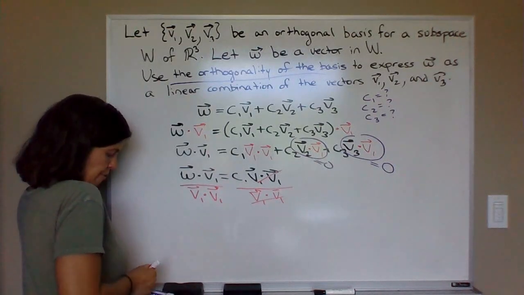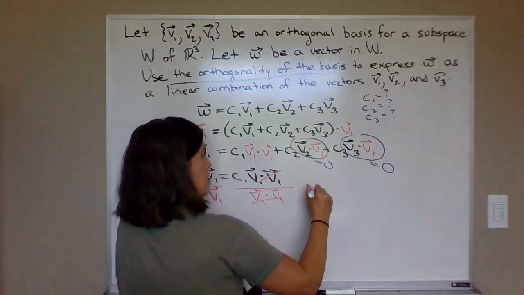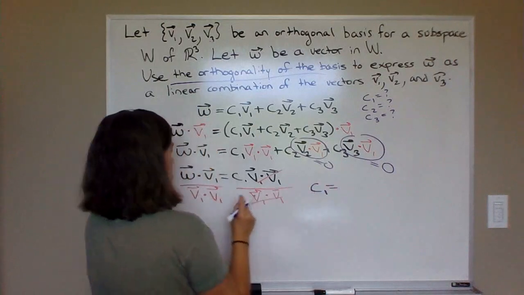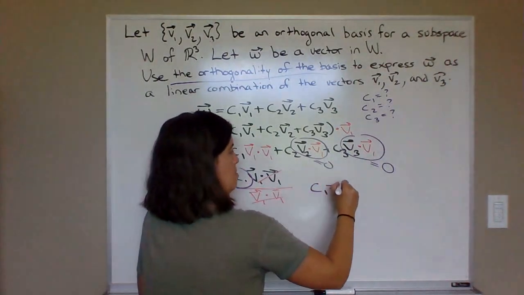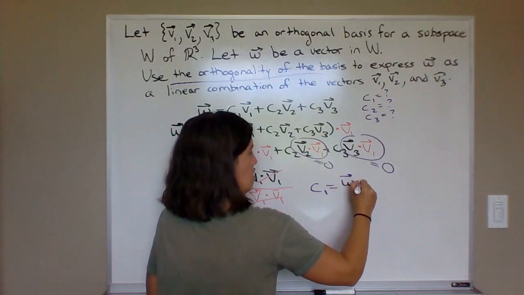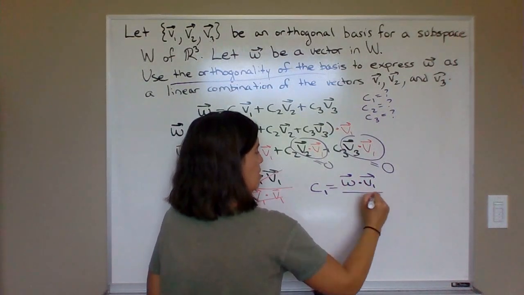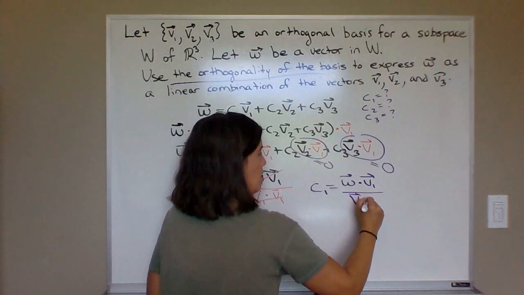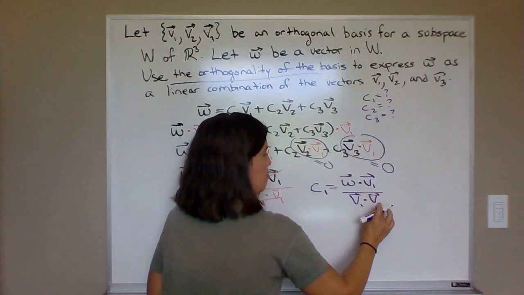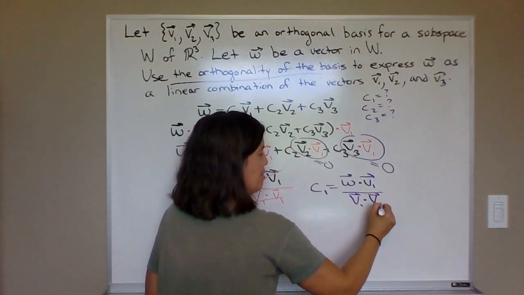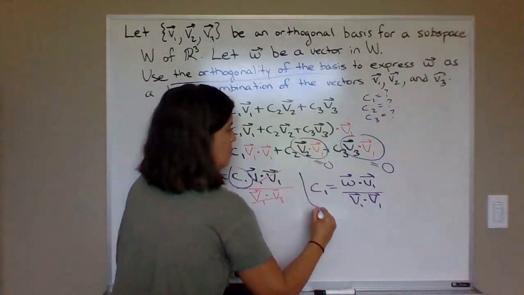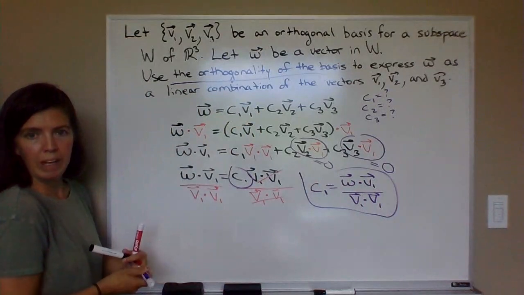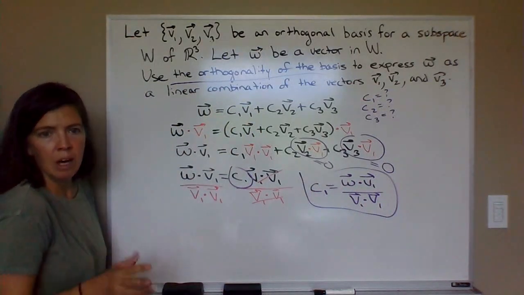So now we have a formula: C1 is equal to W dot V1 over V1 dot V1. Oh, V1 dot V1. I was already thinking about C2 when I wrote that. So now we could quickly solve for the weight of vector 1 just by taking a couple of inner products and dividing.